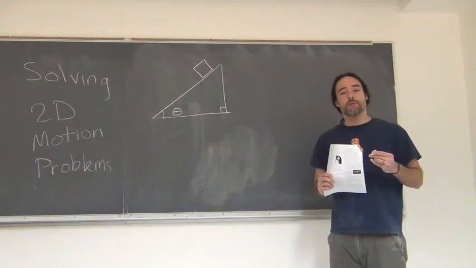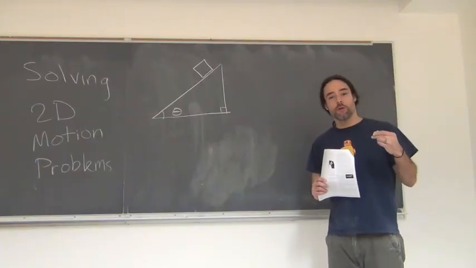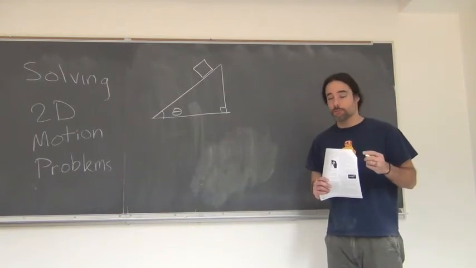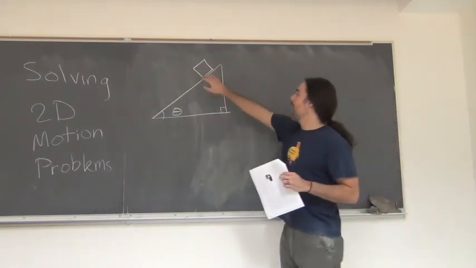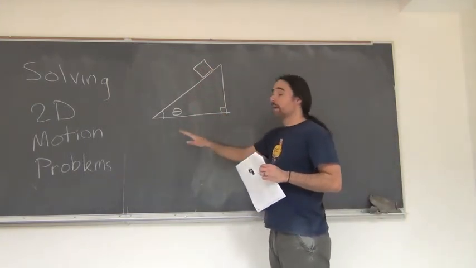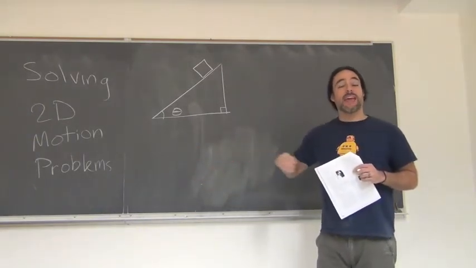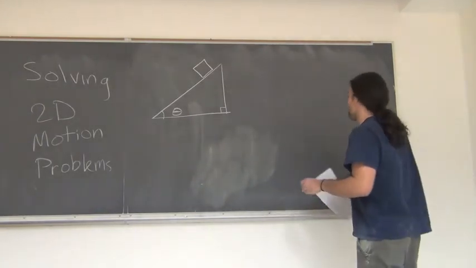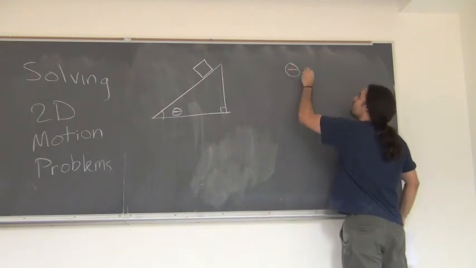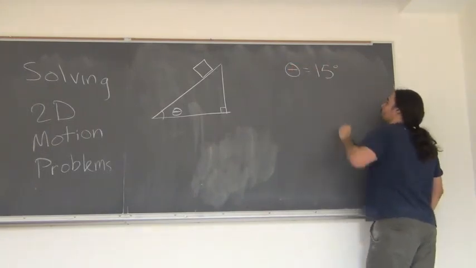Let's do an example illustrating how you can solve two-dimensional motion problems. Suppose here I have a block on a ramp, and the ramp is elevated at an angle theta. And we're going to say that theta is a 15-degree angle.